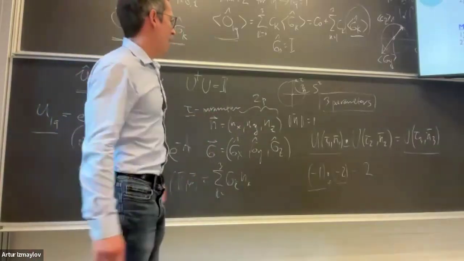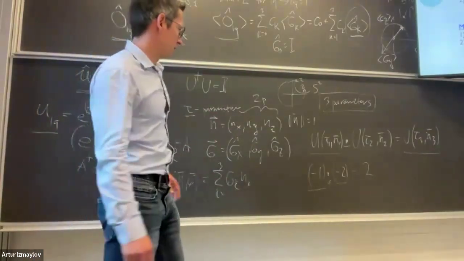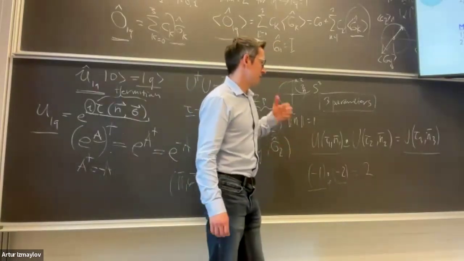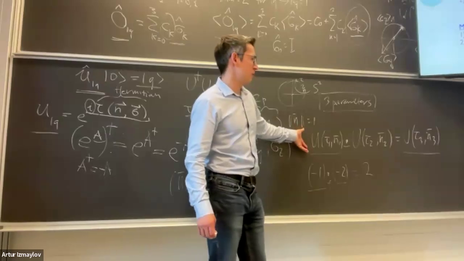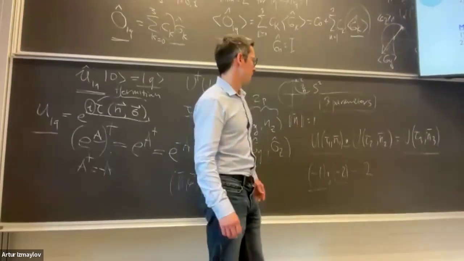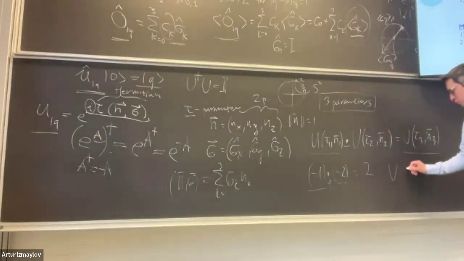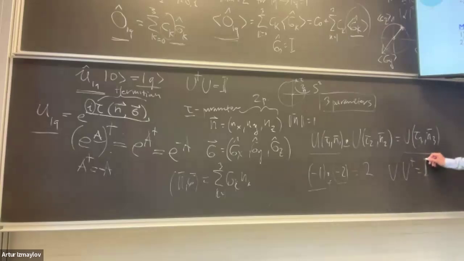Now there are a few other conditions for the objects to be a group. One that is quite important is that every element could have an inverse, right? And for unitaries, it's always the case. For every unitary, you have a dagger, and there is need for the so-called element that is identity.